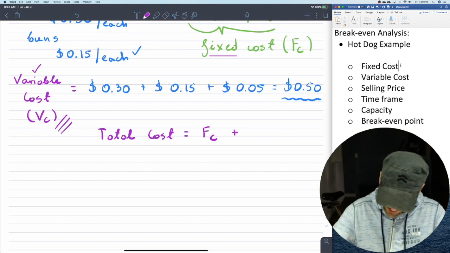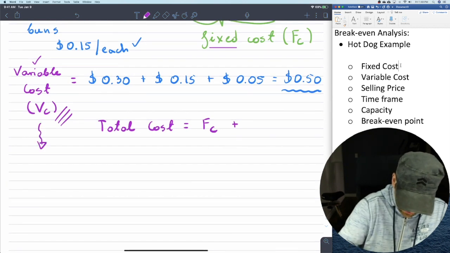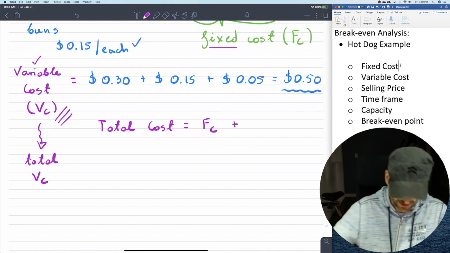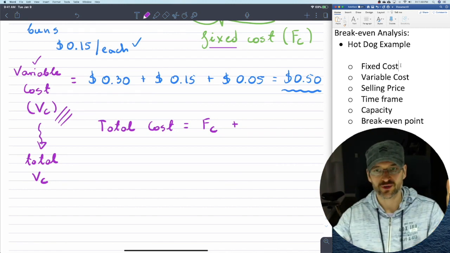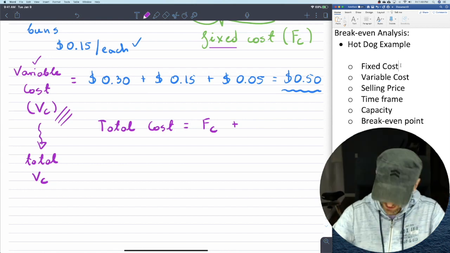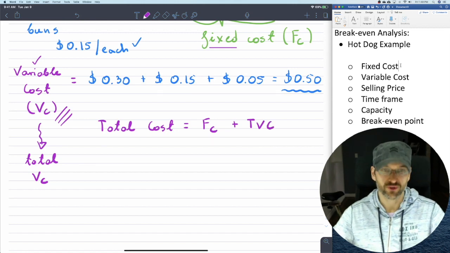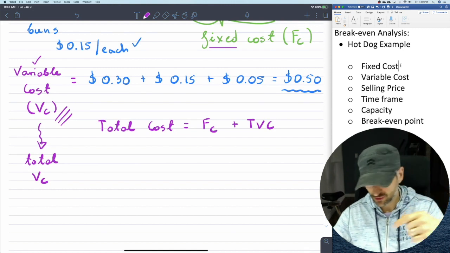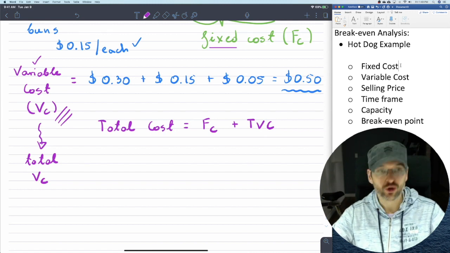Instead, if you want to know all of your costs, we refer to this as the total variable cost. When you throw in the word total, it means all the different hot dogs you sold, or maybe services or shoes or whatever it is. Variable cost is just per one unit, and total variable cost is for all the units. So that would be my total cost.